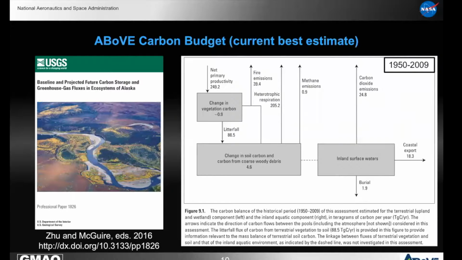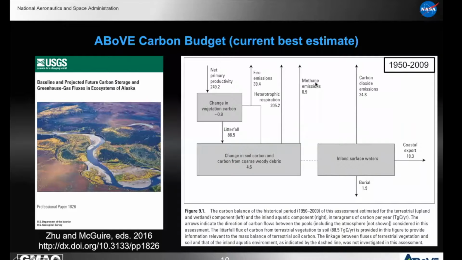So what is our current knowledge of what the carbon budget in this domain looks like? This is the USGS report that came out last year, which was edited by Dave McGuire and others. In the very final chapter, they put together a synthesis of what a 60-year record of carbon budget looks like.